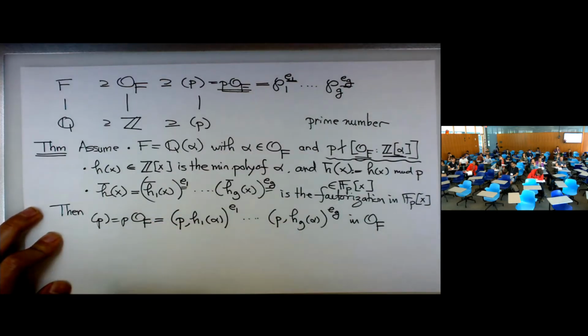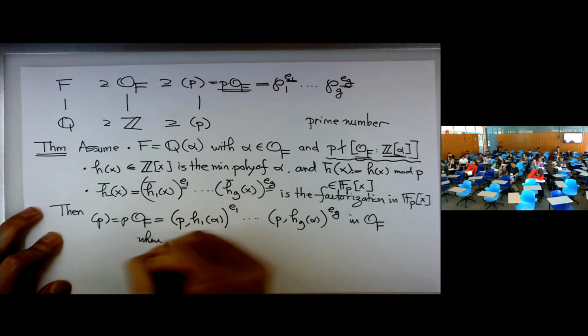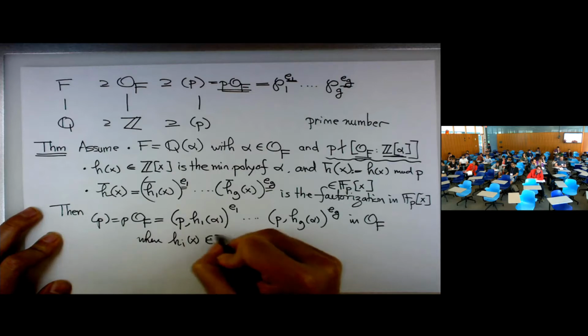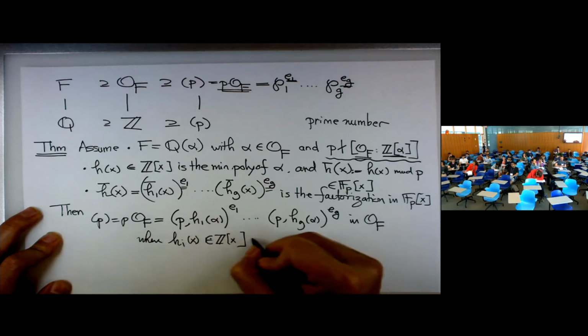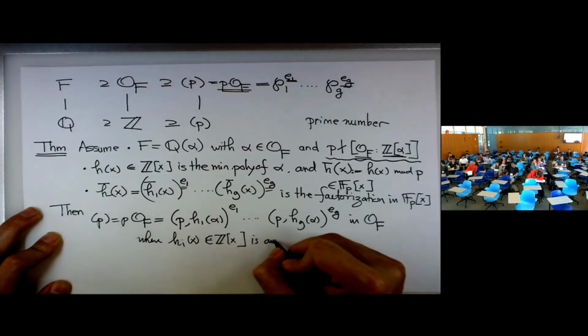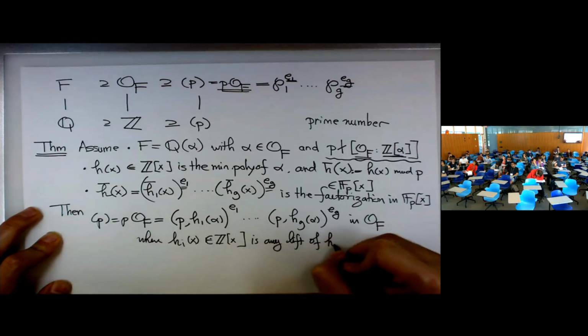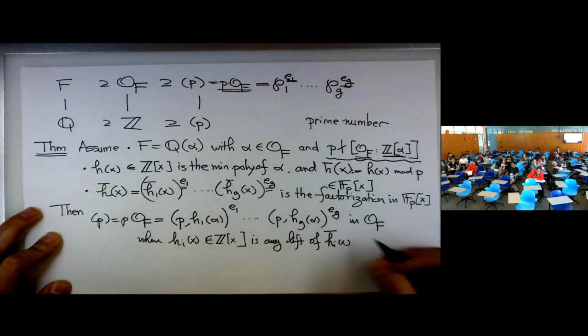So this would factor as this, where Hi x is any lift of Hi bar x.